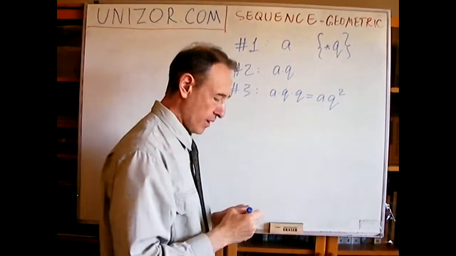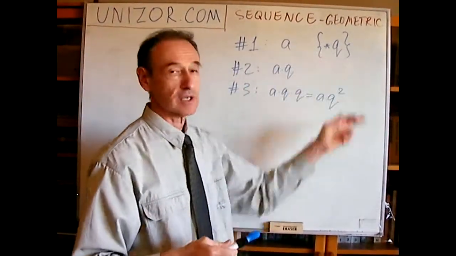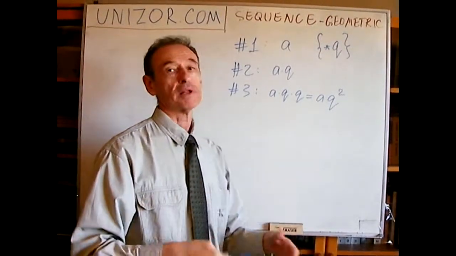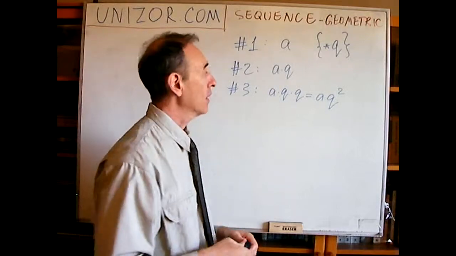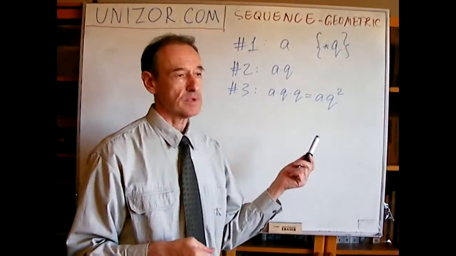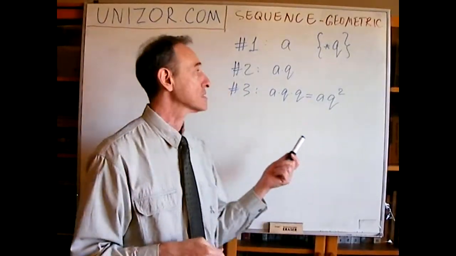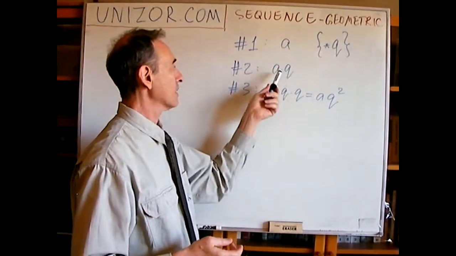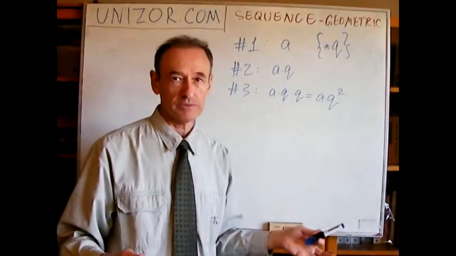You remember that arithmetic progression was adding the same number. Now, geometric progression is multiplying by the same number. Well, obviously, there are some trivial cases. For instance, what if q is equal to 0? Well, you will get a, and then you will get 0, 0, 0, 0. Trivial fact.